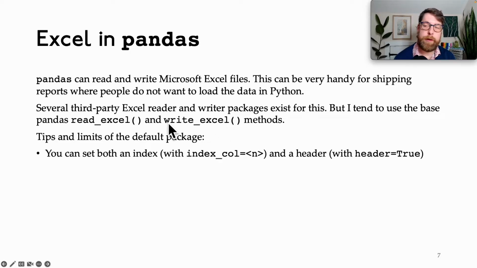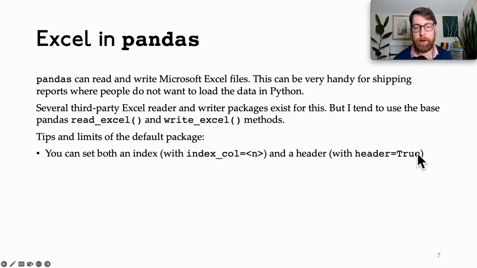So here are some tips for the Excel package. You can set an index, so you can take the spreadsheet that you have in Excel and let the reader know whether the index is in column 0 or column 1 and so forth. You can also say whether the header is available.